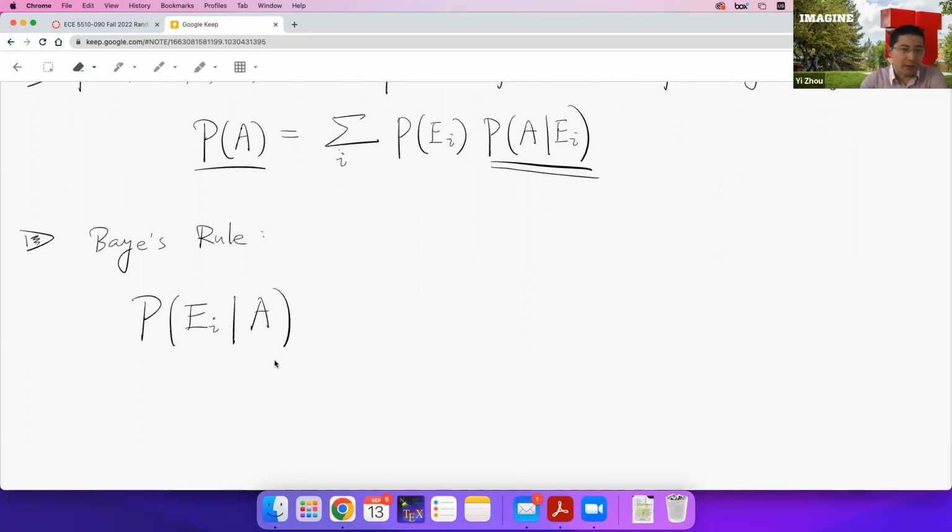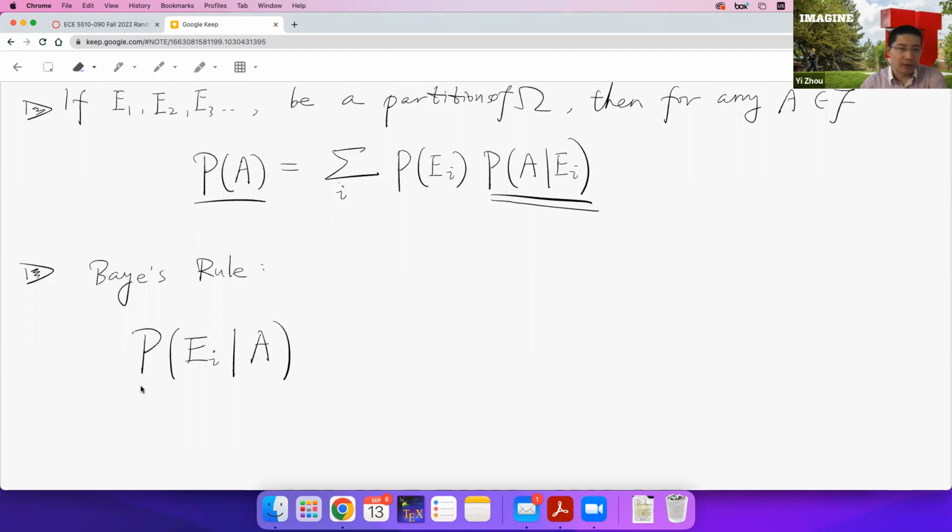And to calculate this one, of course, this is a conditional probability. So based on the definition of conditional probability, we can write down the actual form of this conditional probability.